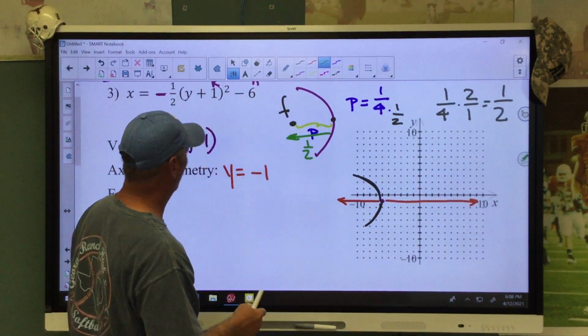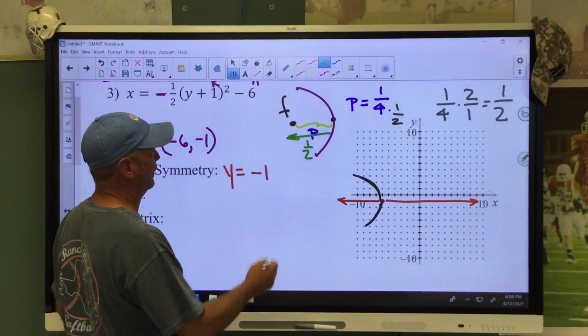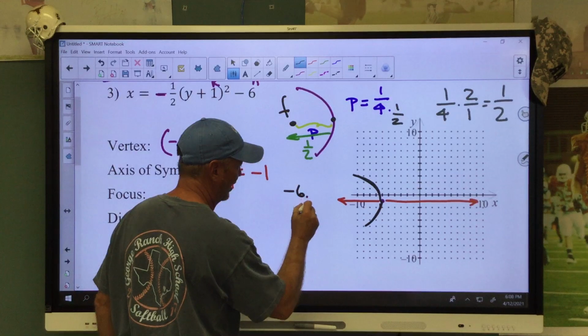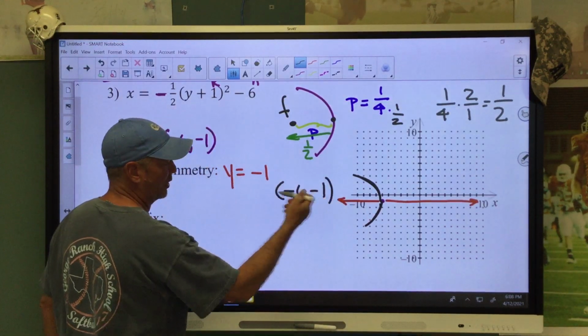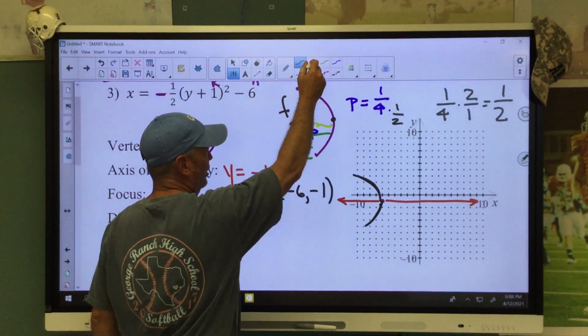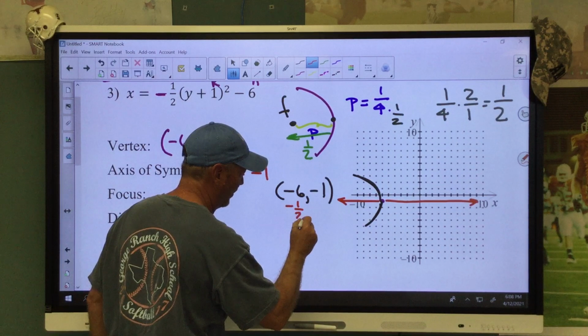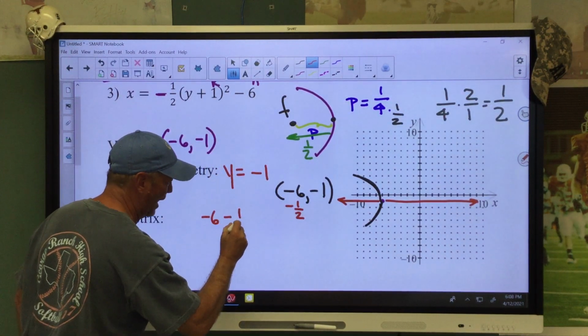Okay? So look at your vertex. Here's my vertex at -6, -1. Let me write this right here. -6, -1. And we're going to the left. We're going to subtract. So I'm going to ask you to go -1/2. So we're saying -6 minus 1/2.